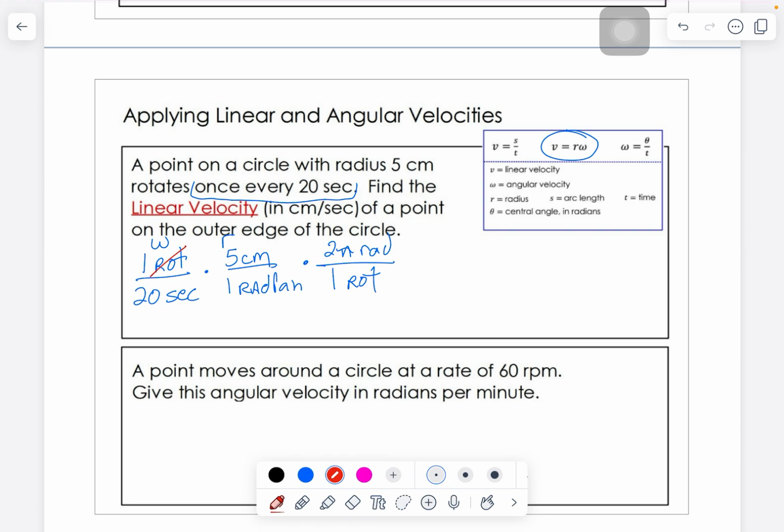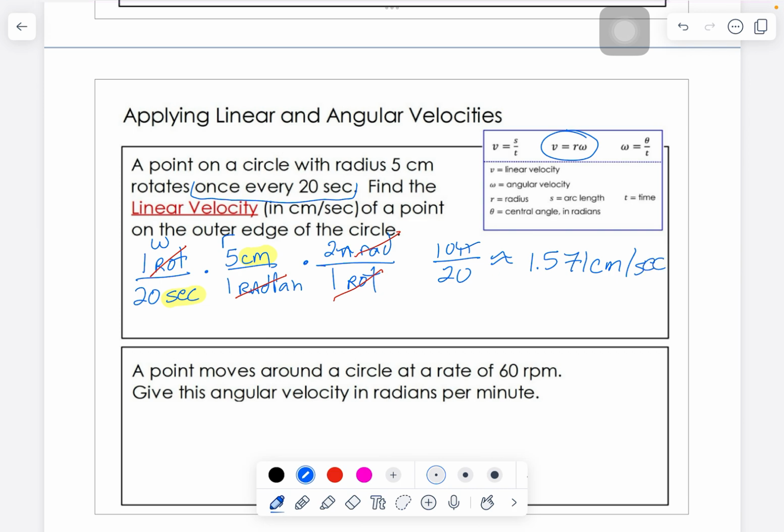So now my rotations cancel out, my radians cancel out, and I'm left with, on the top of my fraction, centimeters for my unit and seconds for my unit. If I multiply the 5 times 2 pi, I've got 10 pi over 20. Or if I calculate that out, 10 pi over 20, I get about 1.571 centimeters per second.